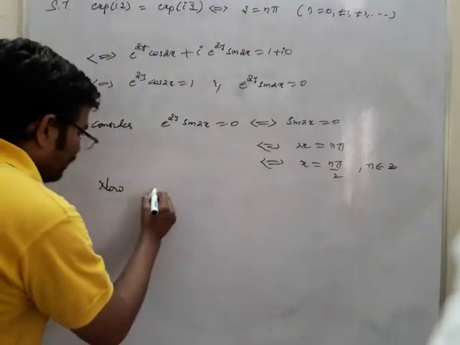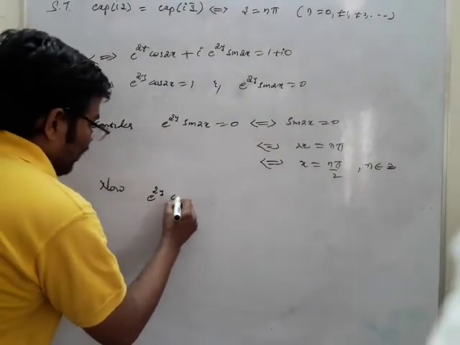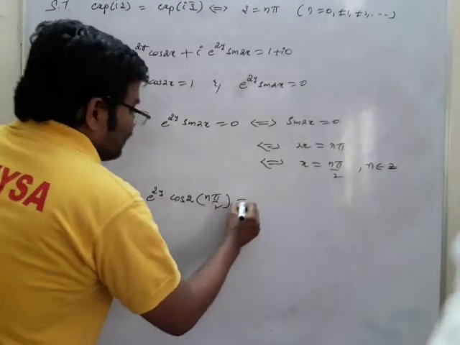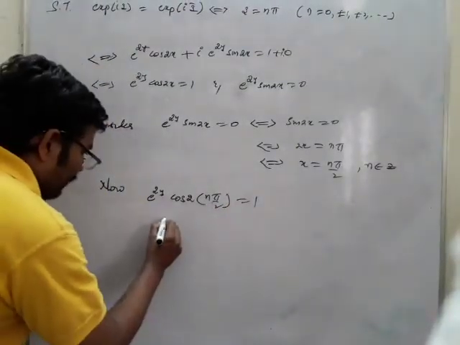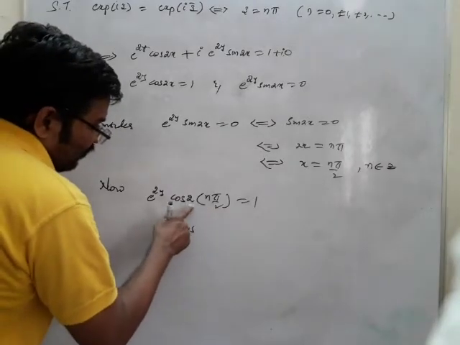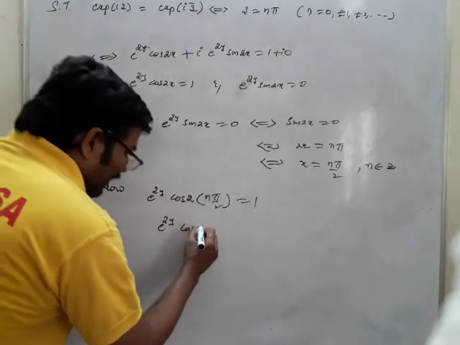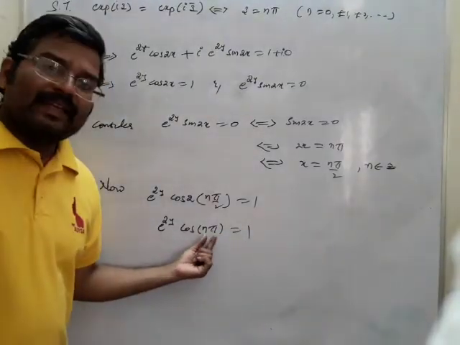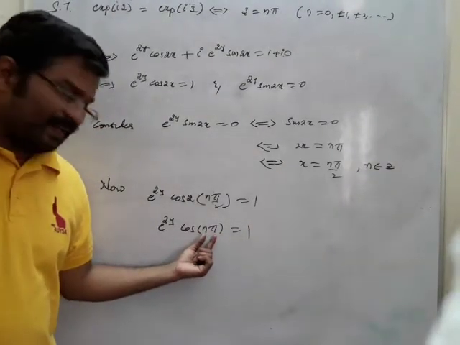Now e power 2y cos 2 into n pi by 2 is equal to 1. Okay, e power 2y cos, this 2 and this 2 get cancelled. You will be getting cos n pi equal to 1. Cos pi is minus 1.